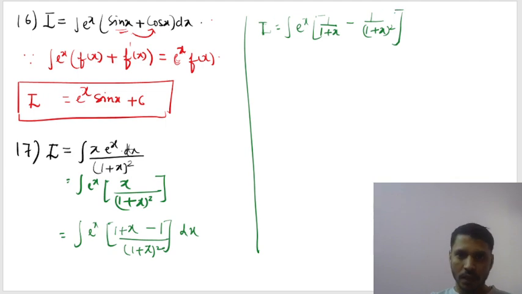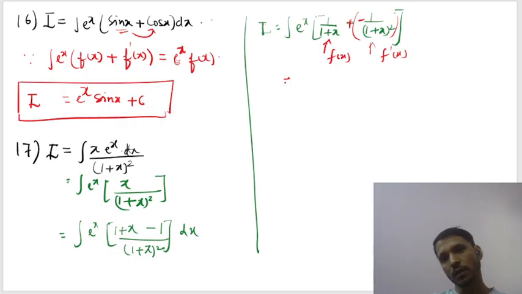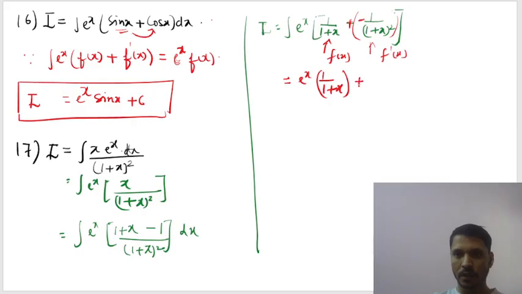We take the minus with the second term, so this is our f of x, and if you differentiate it, we get f dash of x. So the answer for this question is e to the power x into 1 by 1 plus x, and at last plus c. So this is the answer.